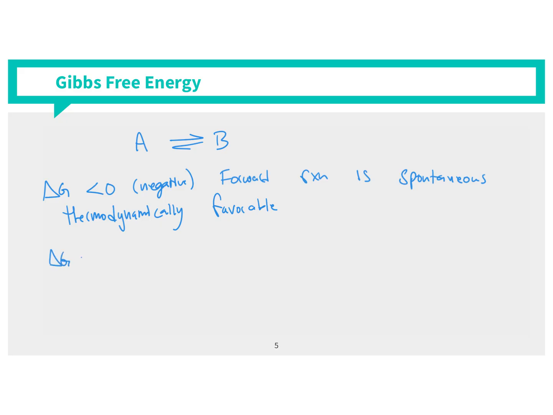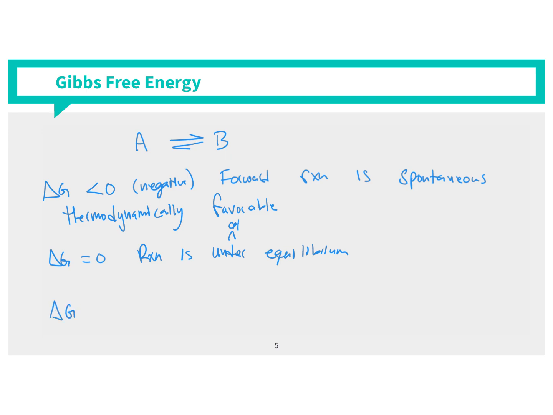If delta G is equal to 0, that means that the reaction is at equilibrium. Right? Rate of the forward reaction is equal to the rate of the reverse reaction.